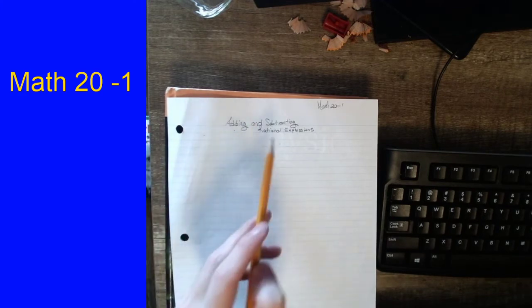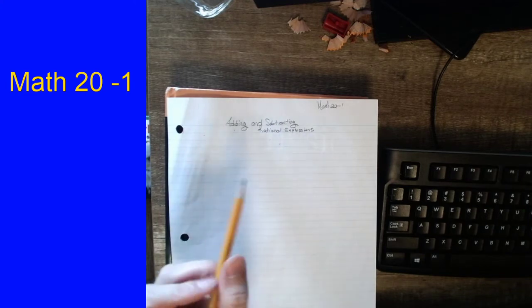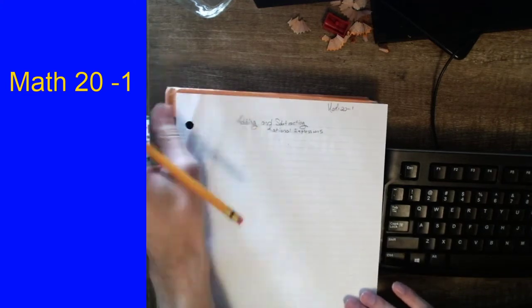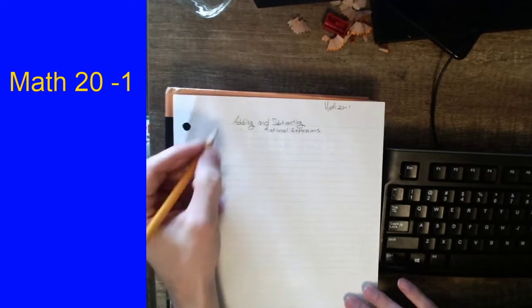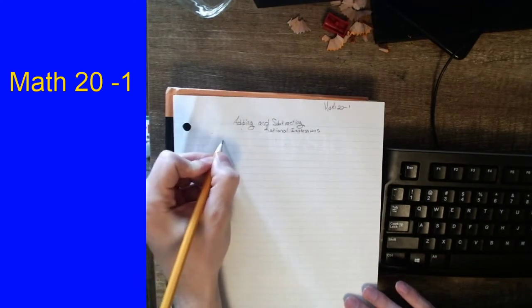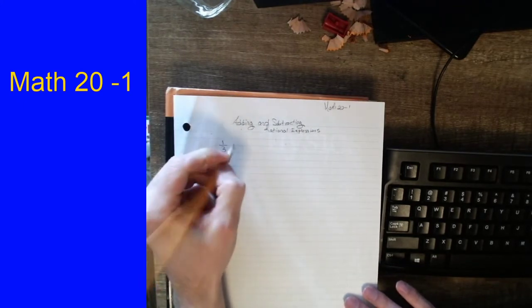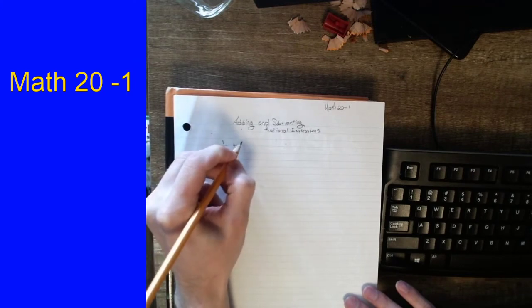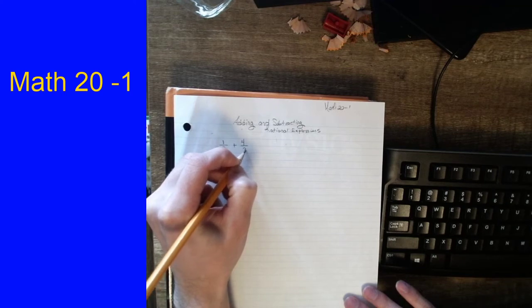So the first thing we have to talk about when we're adding and subtracting rational expressions is way back to grade 7 when we were adding and subtracting fractions.